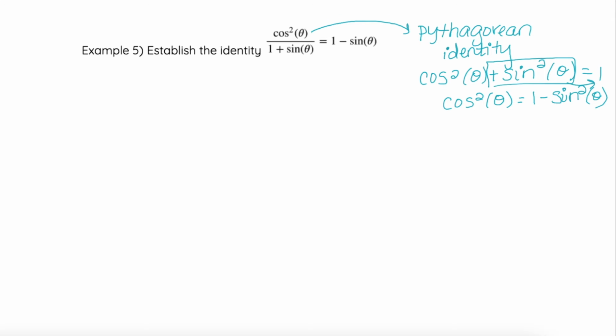So that's where I'm going to start, because then at least I have a sine in my numerator and denominator, and I've gotten rid of my cosine. So I'm looking and trying to get to the right-hand side here. So I'm going to replace cosine squared with 1 minus sine squared of theta over 1 plus sine of theta.